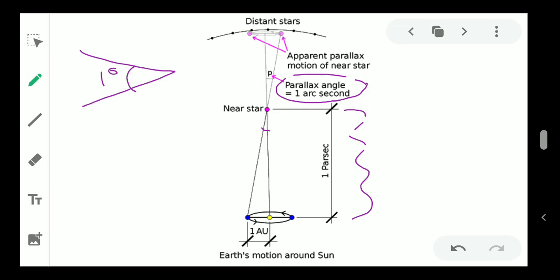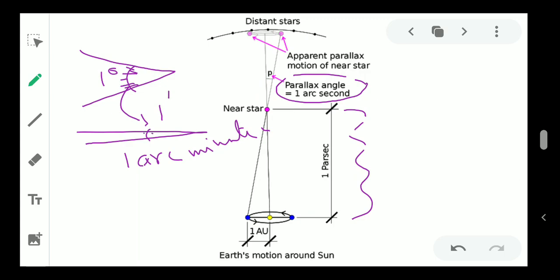So if we have 1 degree, and if we have to go lesser than that, so how to go? So we can split 1 degree into 60 parts. So one part will be 1 minute. Actually it is called 1 arc minute. But if we want to go even smaller, then we can again split the 1 arc minute into 60 parts. Then one part of it we can call 1 arc second.